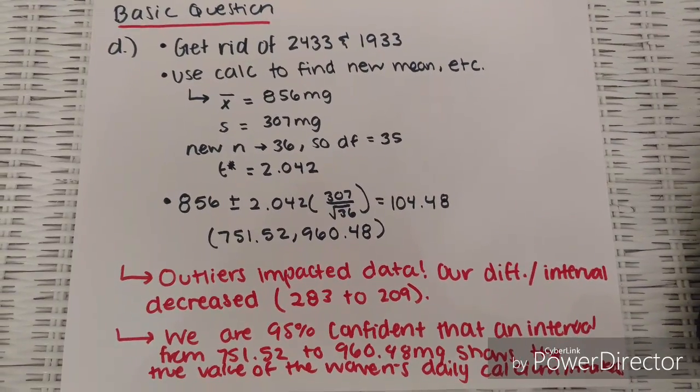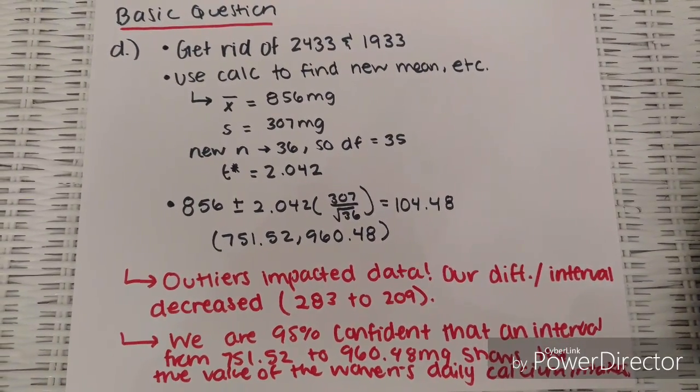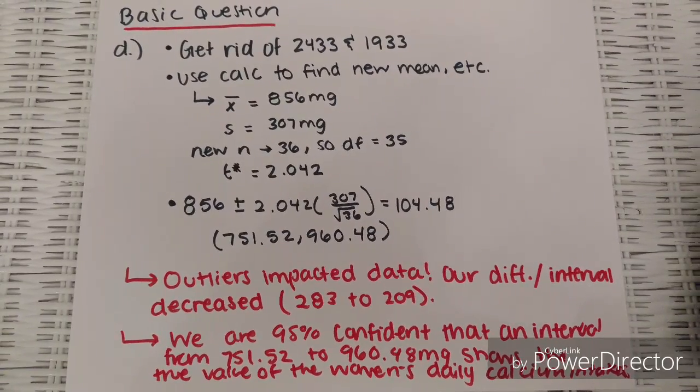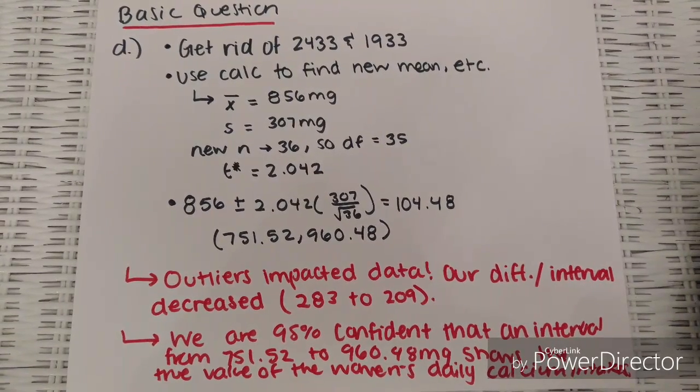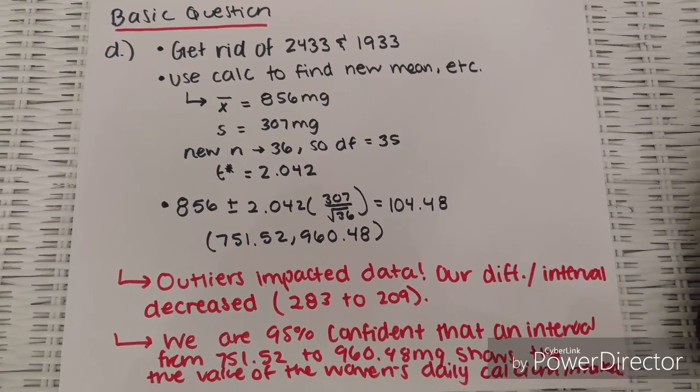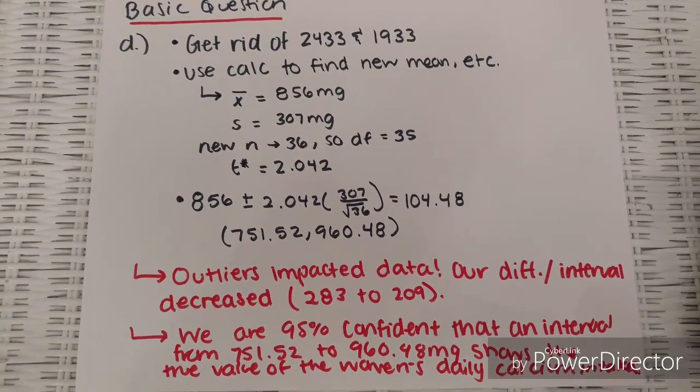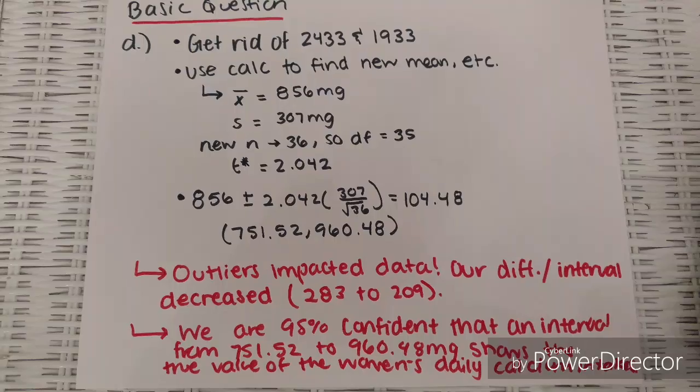Our new n is 36 from eliminating those two values, so our degrees of freedom is going to be 36 minus 1, 35, and our t star stays the same.